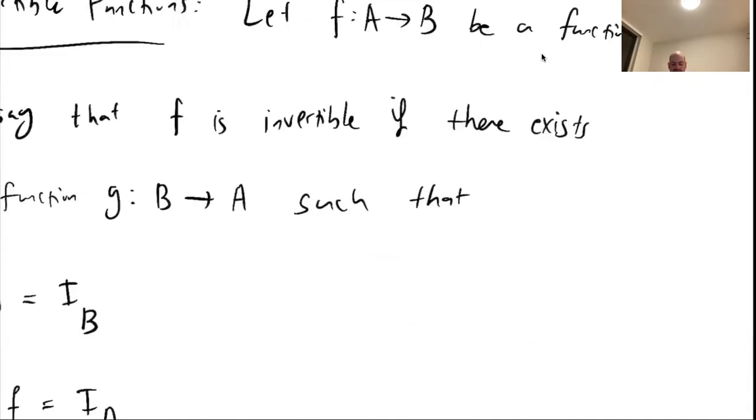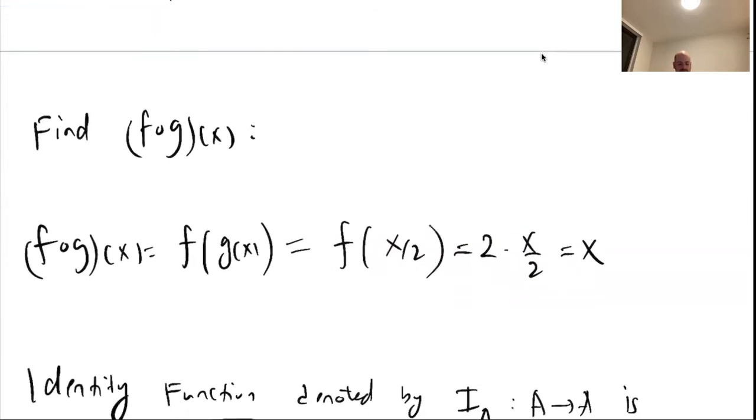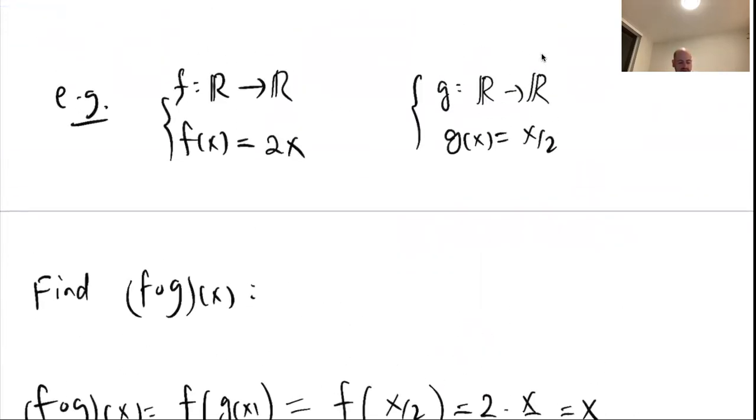So a simple example we can consider was this one: f of x is 2x, g of x is x over 2. We start with an input x, we apply f to it, and we get twice that number. For example, if we start with 5, then f of 5 will be 10. But then if we apply g to it, g divides by 2, which is basically undoing what f has done.